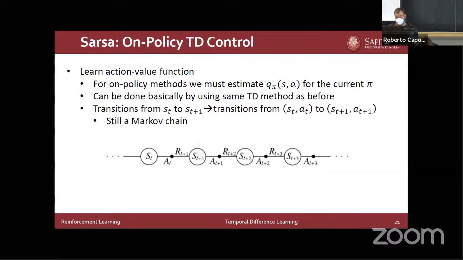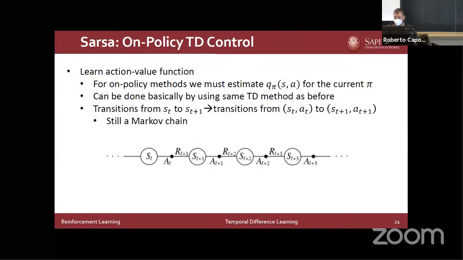We basically use the same TD error that we described before, except that this is for Q. Instead of estimating the error of the transition between S_t and S_t+1, the TD error is computed using the transition from S_t, A_t to S_t+1, A_t+1, where A_t and A_t+1 are selected by the policy.